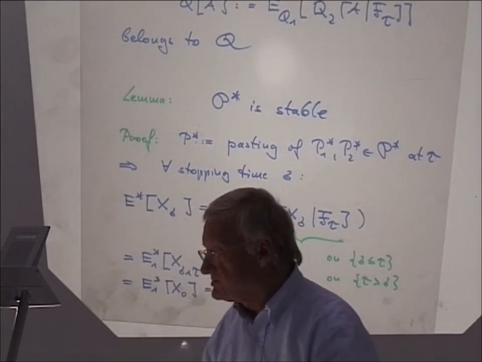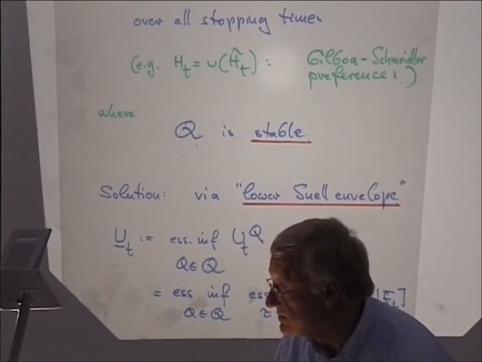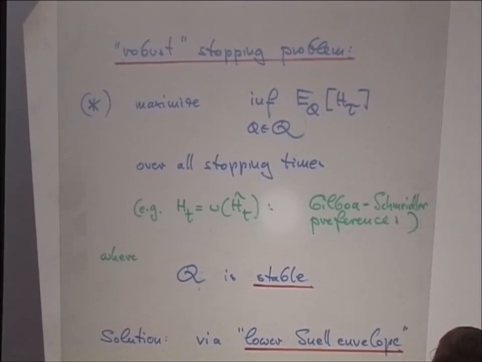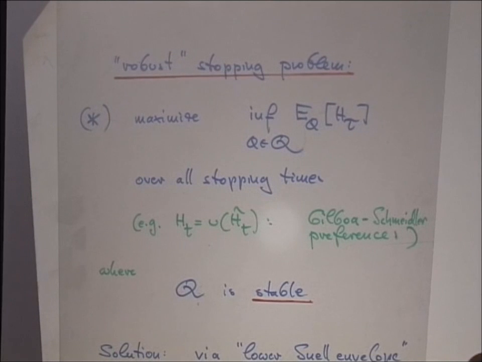Now we can formulate a robust stopping problem, where the problem is formulated in this way. Maximize over all measures in some class Q, which we assume to be stable, the expectation, and find a stopping time which maximizes this infimum.